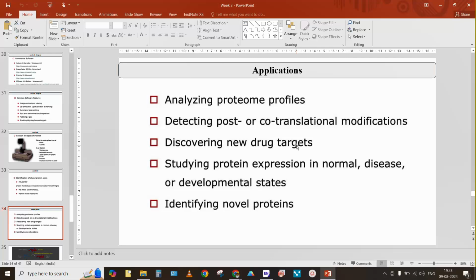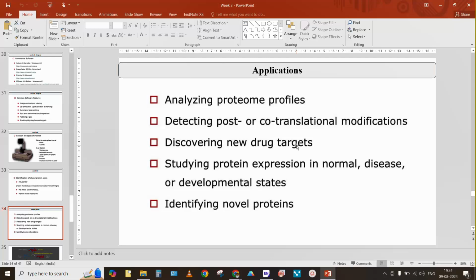It can also be used in microbial proteomics. 2D gel electrophoresis is used to analyze the proteomes of microbes like bacteria, fungi, or any other microorganism, which helps in understanding microbial physiology, pathogenicity, and responses to environmental changes. Okay, it can be used for virulence factors as well.